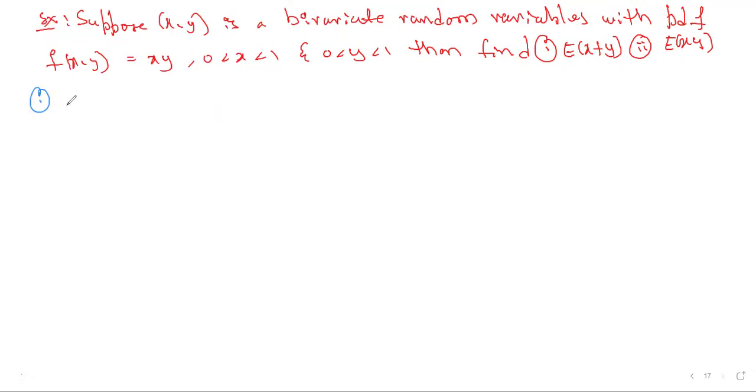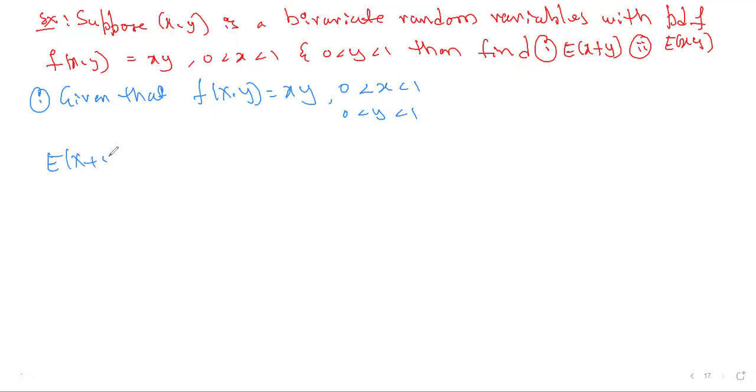First one, what is given here? Given that f of x,y equals x into y, the range of x is 0 to 1 and the range of y is also 0 to 1. Now what we need is the expected value of x plus y. This is the integral from minus infinity to plus infinity of x plus y times f of x,y dx dy.